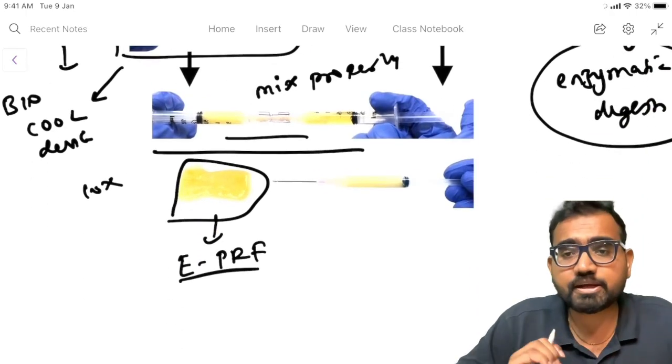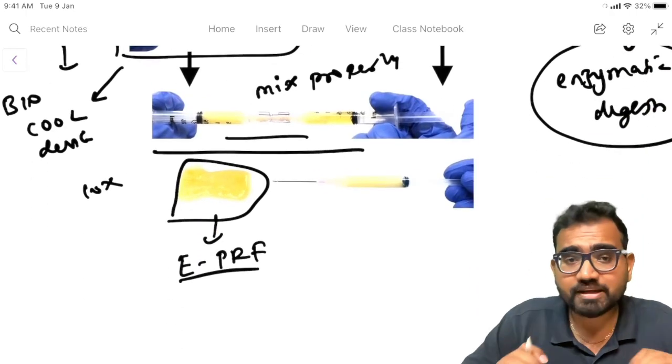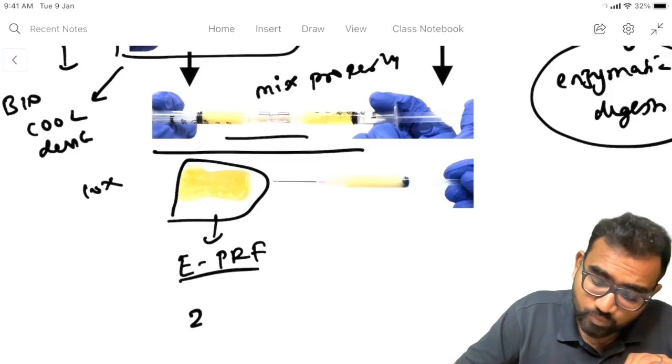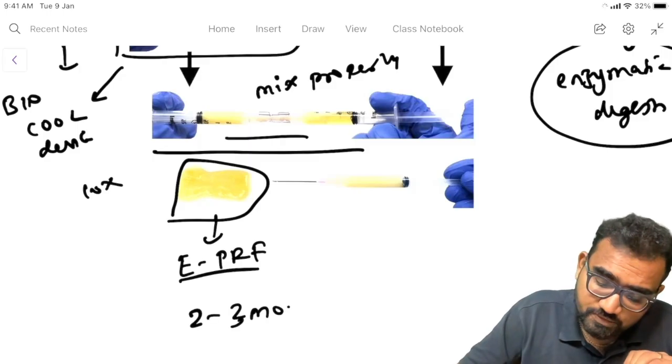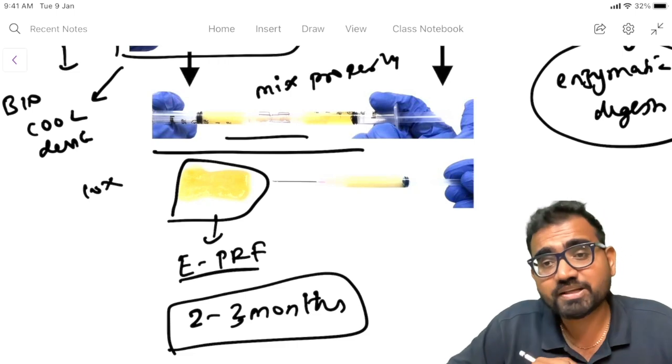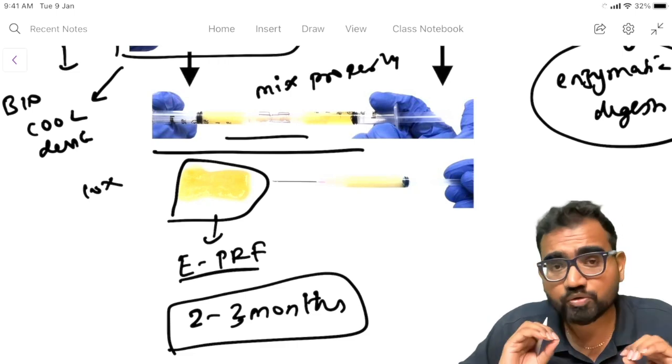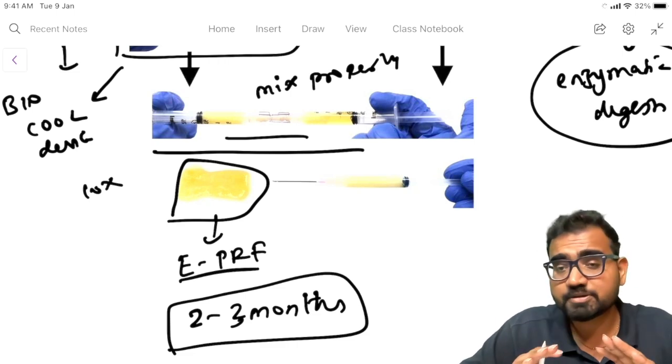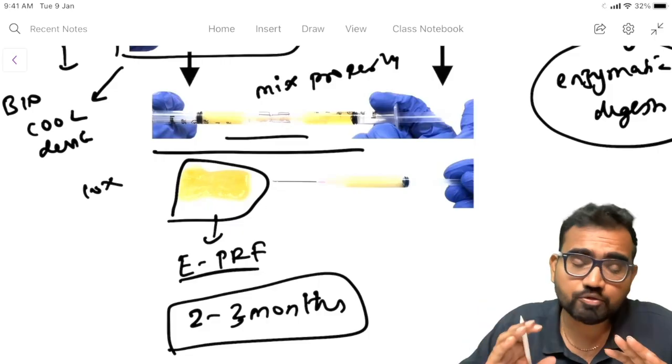The resorption rate of E-PRF is 2 to 3 months. So now I can substitute this for a collagen membrane. E-PRF has a resorption rate of 2 to 3 months, whereas a normal PRF has a resorption rate of 2 to 3 weeks.